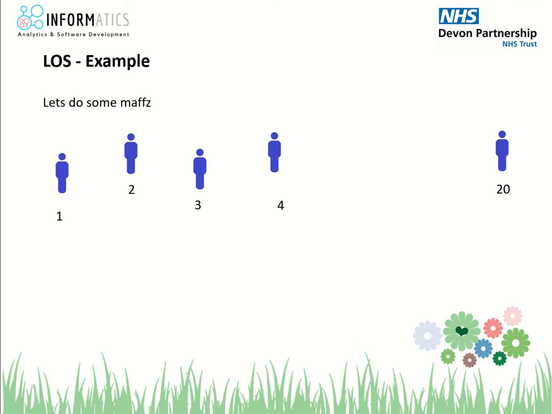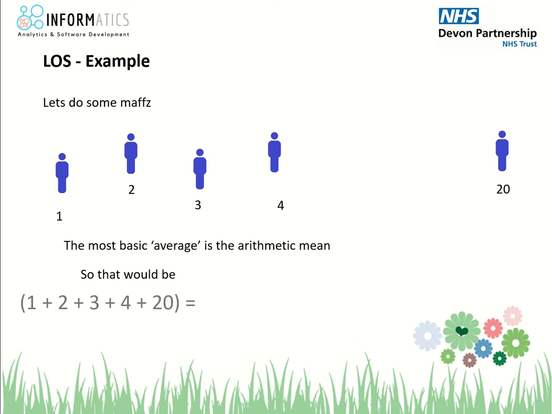So let's do some maths. The most basic average is our mean, which is 1 plus 2 plus 3 plus 4 plus 20, which will be 30, and then divide that by 5 because there were 5 patients, which would give us our mean of 6.